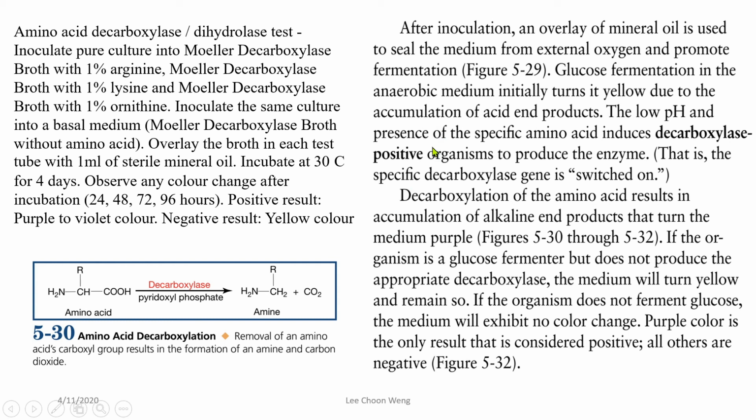So what happens is, after inoculation, the bacteria will ferment the glucose in the anaerobic medium and turn it yellow. Okay. And the utilization of glucose will then stimulate the decarboxylase-positive organisms to start producing the enzyme. So the decarboxylation of amino acids will start the accumulation of alkaline end products, for example, the amines.